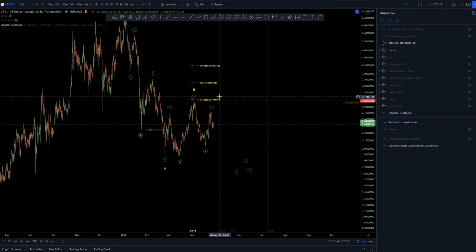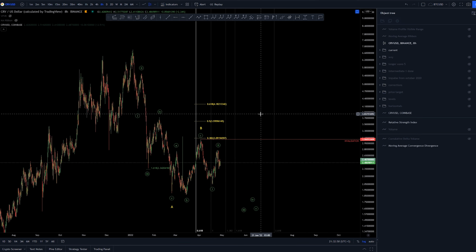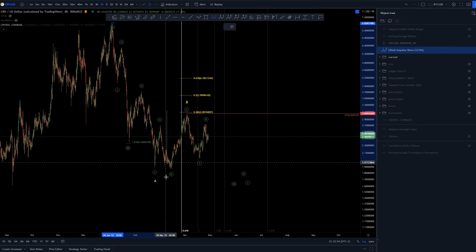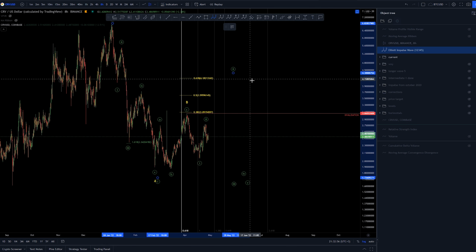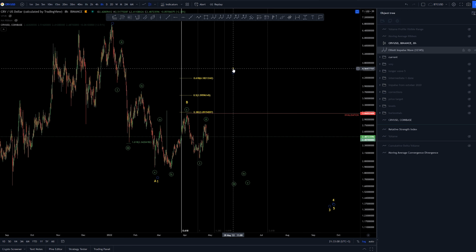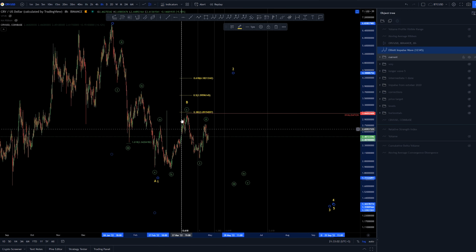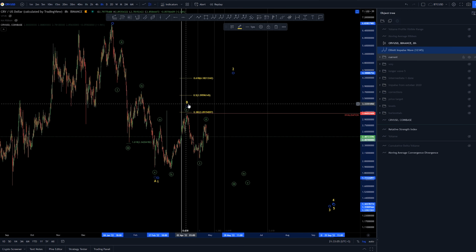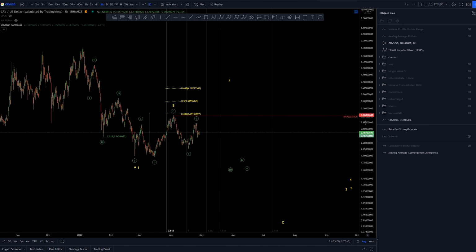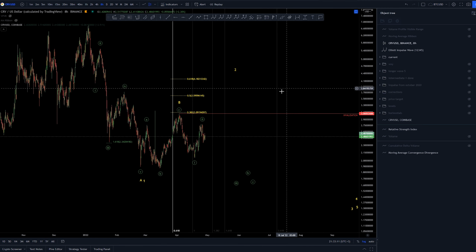However, if we break this, we don't need to be worrying too much, as we have other structures here in mind. And whether this next move up is actually the B wave or the 2 wave, we are looking downwards more.